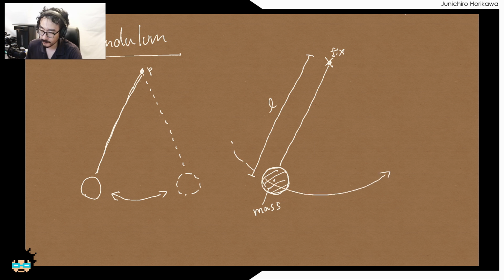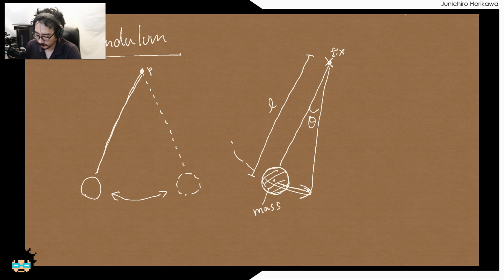So you can say that it's moving by using an angle. So it's pretty similar to an angular force, how it moves. And the only external force that this object has is the gravity force, which is going downward like this.